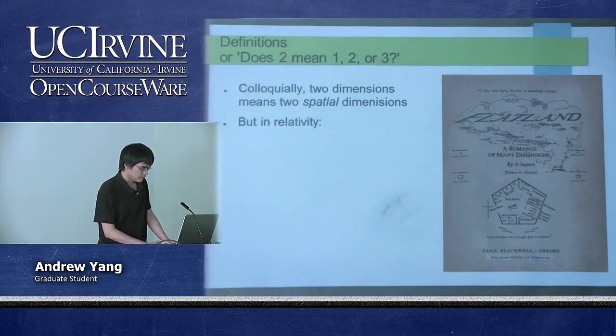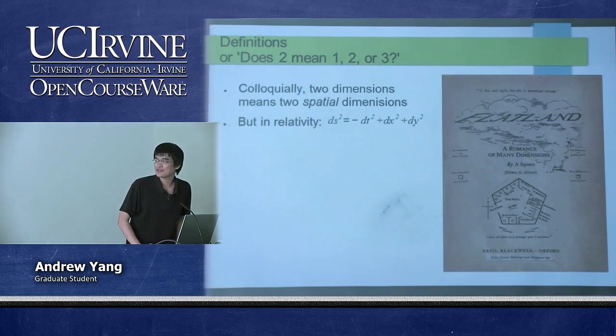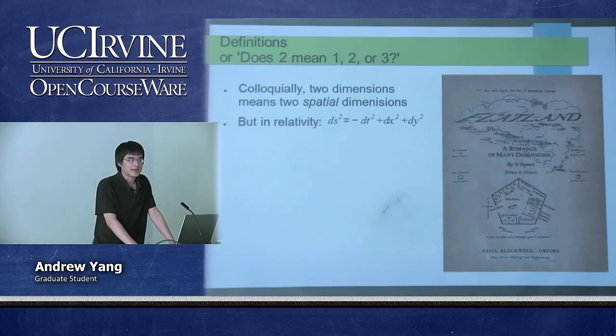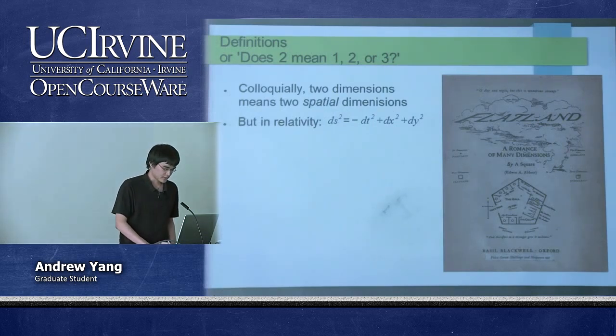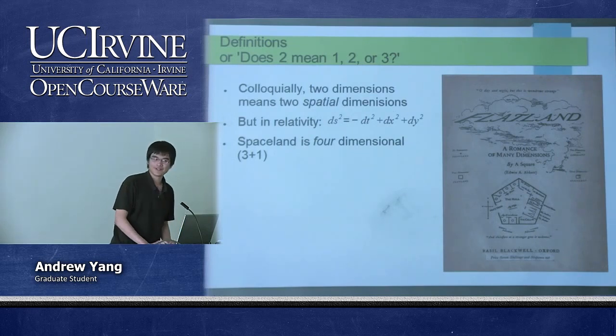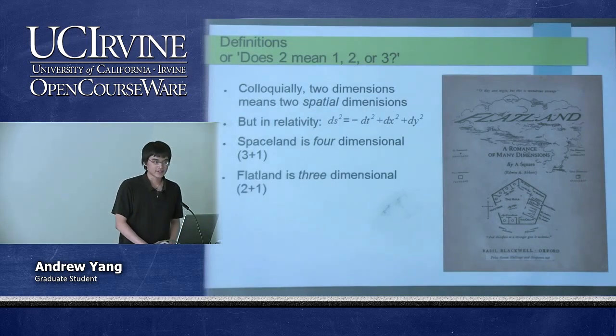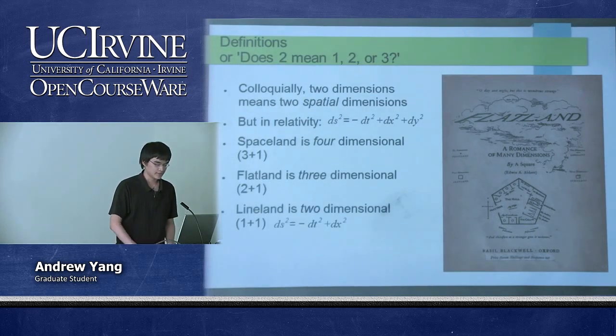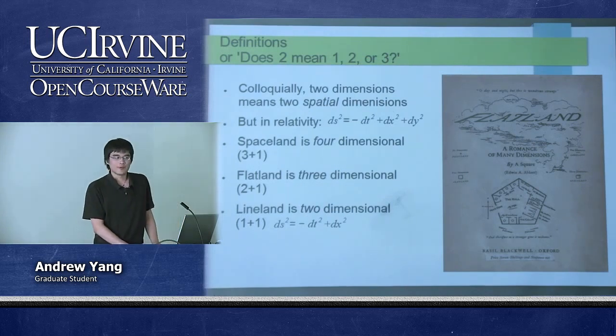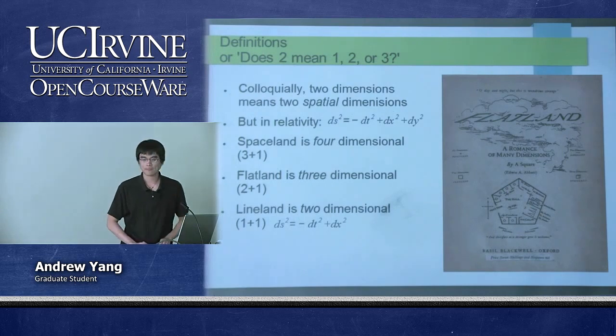But in relativity, we have to remember that time also factors in as a space-time dimension. So spaceland is four-dimensional, flatland is three-dimensional, and when we talk about two dimensions, we can mean lineland.